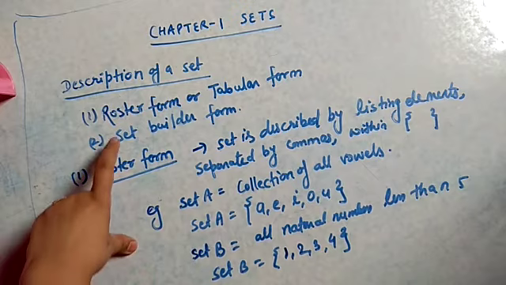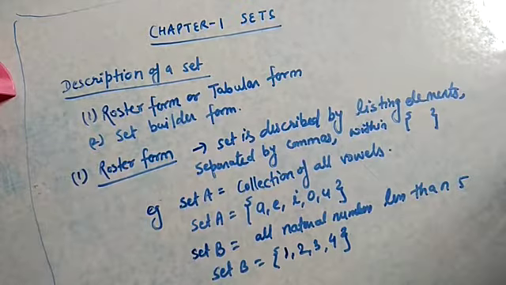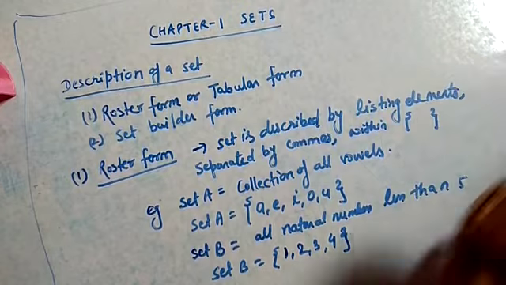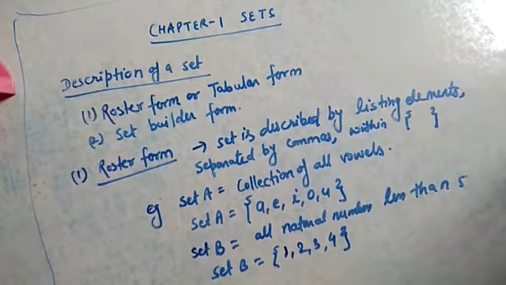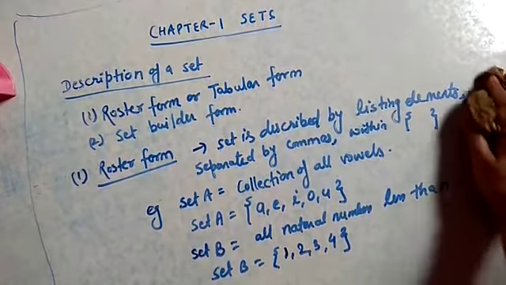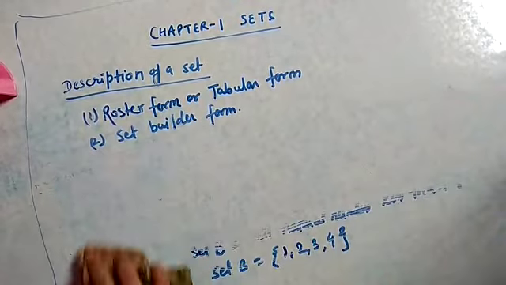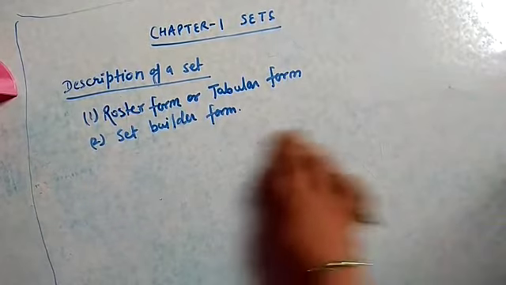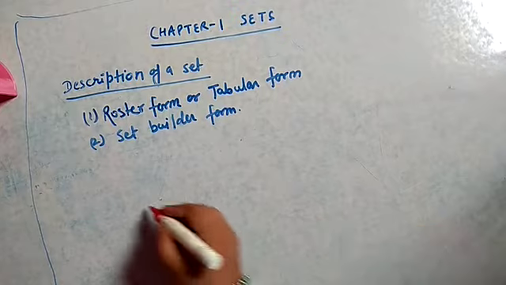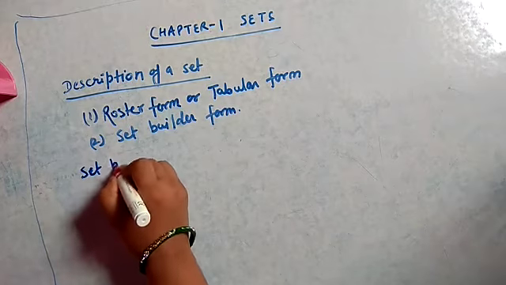Now come to the set builder form. The second method is set builder form. So in set builder form, what happens? In set builder form, we are writing the properties of the elements of the set.